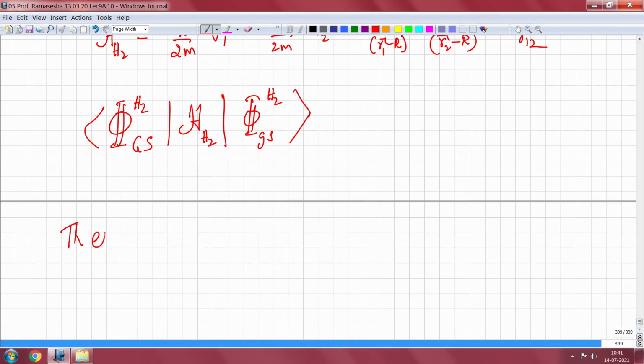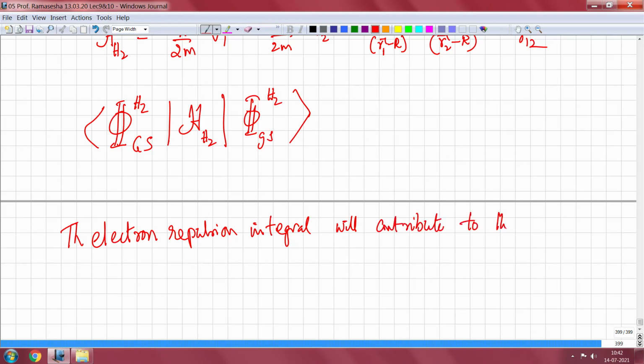integral will contribute to the energy through these integrals, okay.